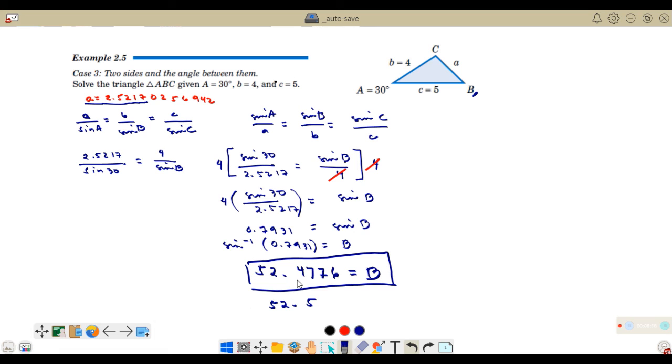Ours is so much closer than 52.5. This is closer to the exact value of the true answer.